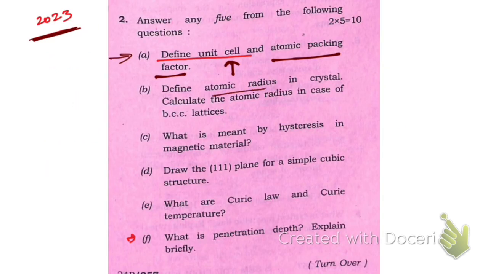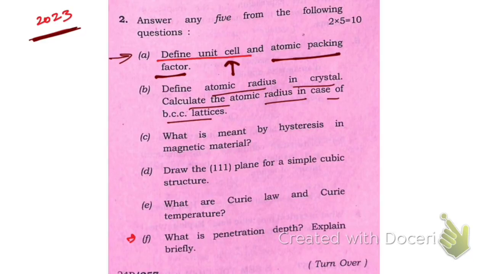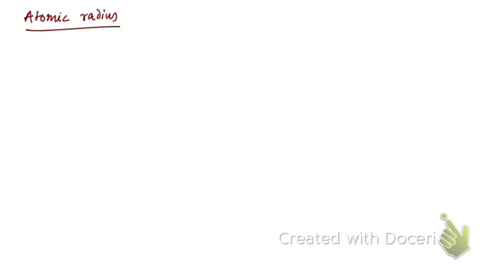Now define atomic radius in a crystal, and calculate the atomic radius in case of a BCC lattice. So let me show you. This is question number 2b, 2023 paper. Atomic radius, sorry, let me write it properly.